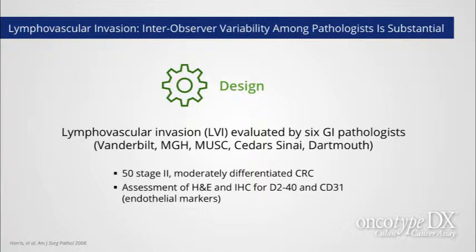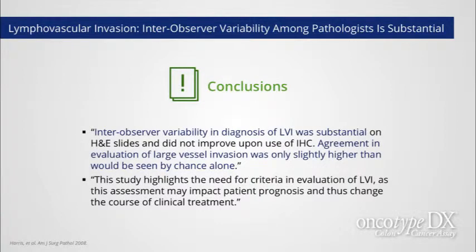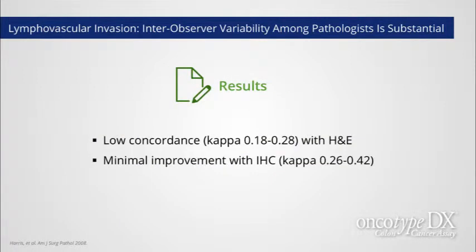If you see a lot of lymphovascular invasion in a patient that you're trying to stage, you will almost always find lymph nodes are also positive, taking them out of that stage 2 category. So we're talking probably a very small percentage of stage 2 patients where you're going to identify bona fide lymphovascular invasion. And so for the oncologist or the surgeon to hang their hat on the histopathologic findings at this point is questionable, and certainly we're in need of better markers to help identify risk in stage 2 patients.